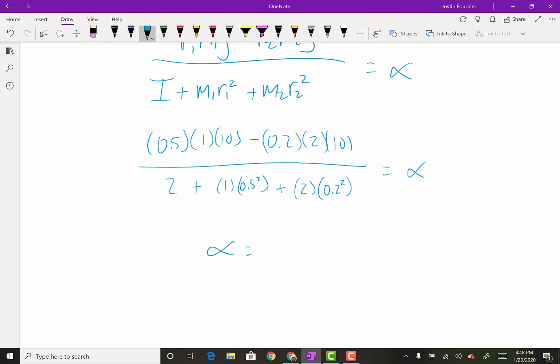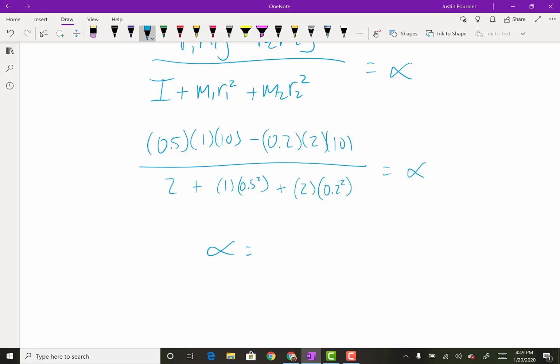So alpha then equals, let me calculate all this really quickly. We've got 0.5 minus 0.2, times 2, times 10, divided by 2 plus 1 times 0.5 squared plus 2 times 0.2 squared.